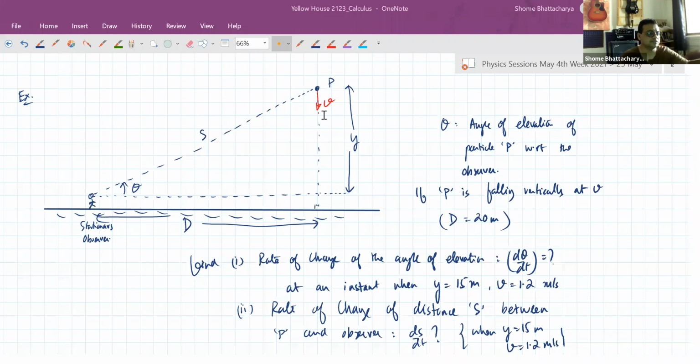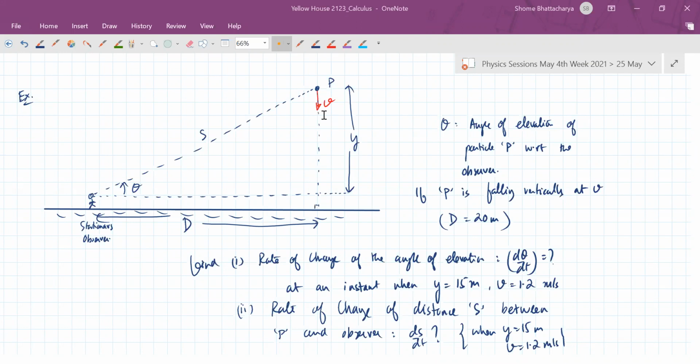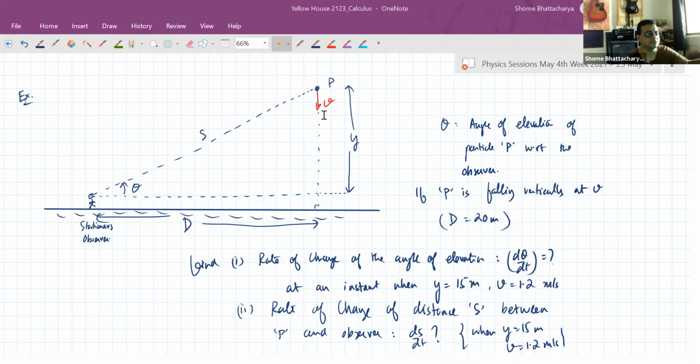So y is changing with time such that at the given instant dy by dt is the instantaneous value of v. Now, y equal to vt holds only if v is constant, and even then it would be some initial value minus vt. But we don't have that information. In all probability that's not the case, because it's free fall.